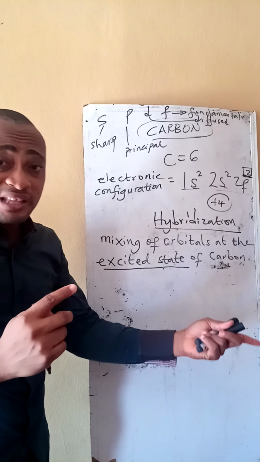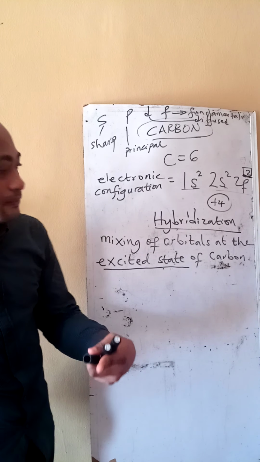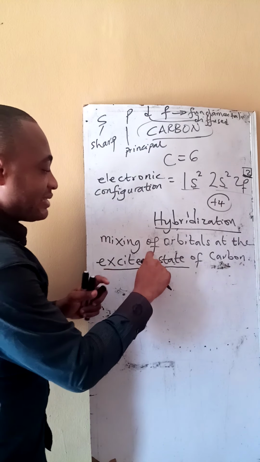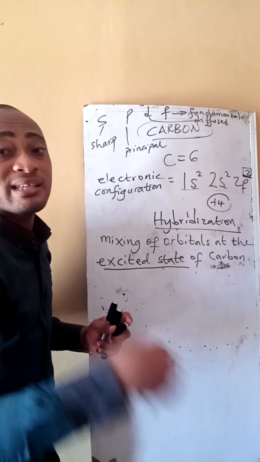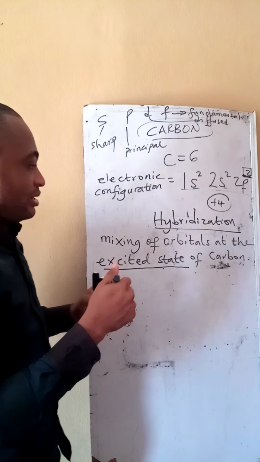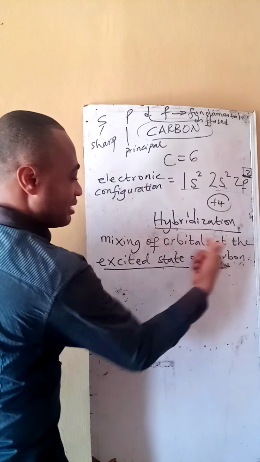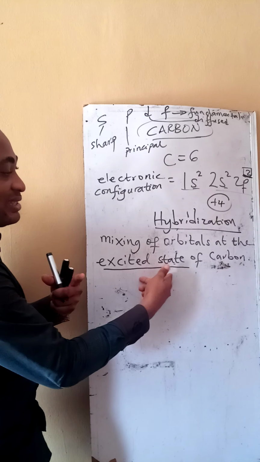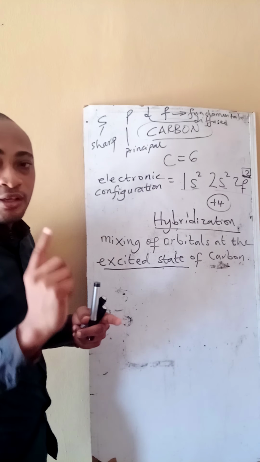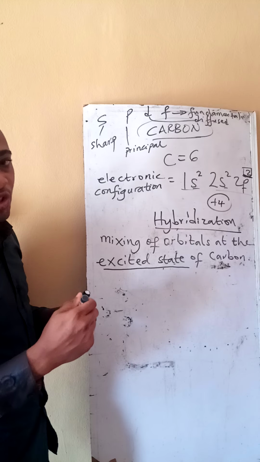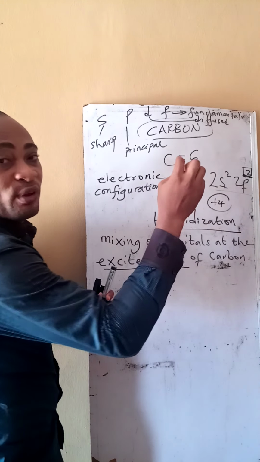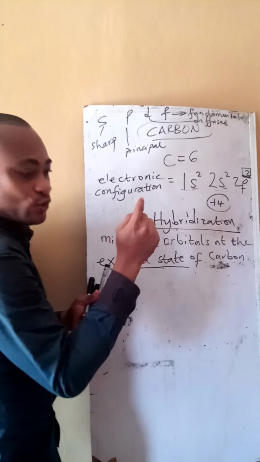We have the ground state and we have the excited state. At the ground state, the element is not reacting. At the excited state, that element has started reacting with other elements. So when carbon starts mixing with other elements at its excited state, that phenomenon is what we refer to as hybridization. And that is what gives carbon the valency of 4 instead of 2.